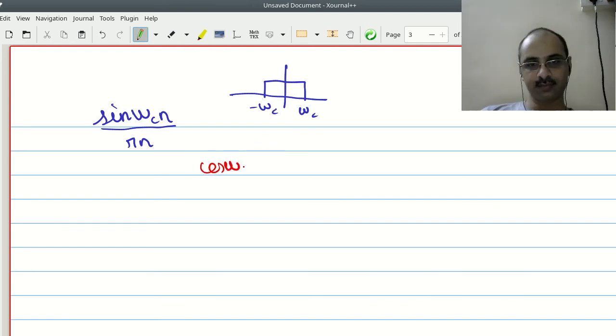Okay, its frequency response is going to look like this: two impulses, one at minus omega naught, one at omega naught. If those two impulses fall within the pass band of this filter, the output is going to be the same cos.